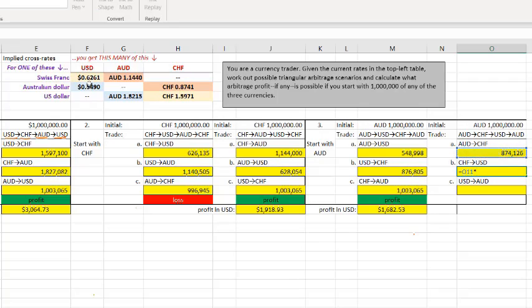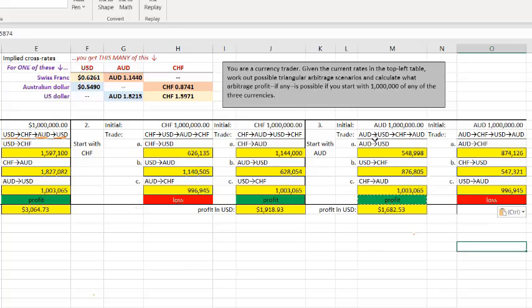What is the US price of Swiss? Right there. 547,000 US dollars. Now we're going to bring that back to Australian dollars. What is the Australian dollar price of US dollars? There it is right there, G5. And we wind up with 996, and of course, a loss.